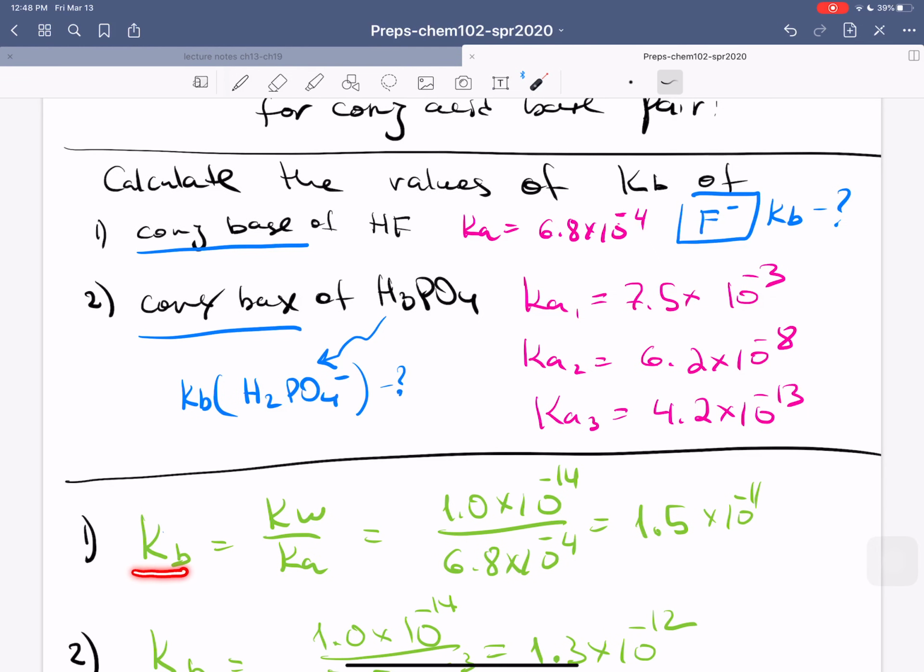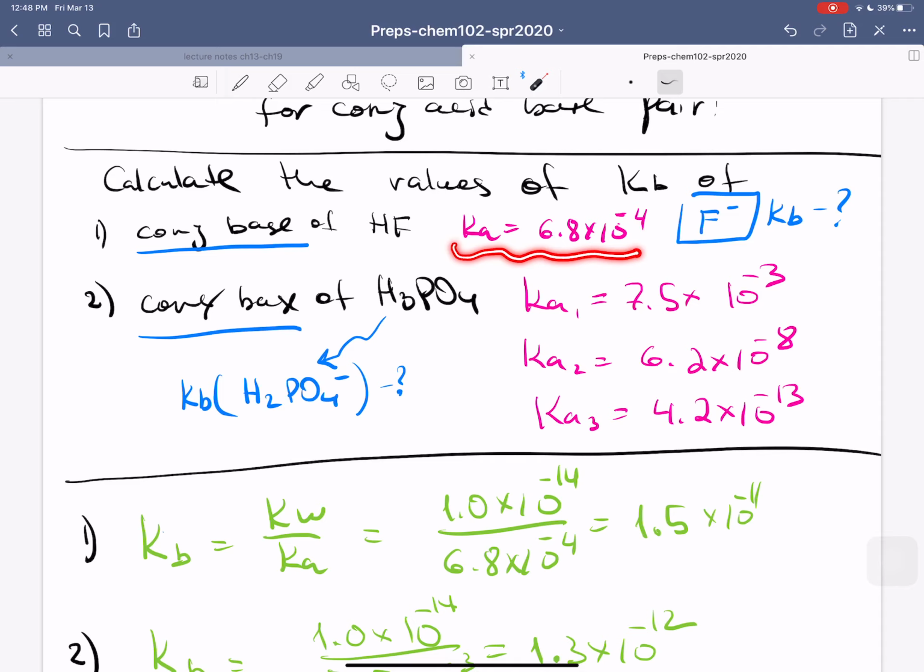So the value of the Kb will be 1.0 times 10 to the negative 14th divided by the value of the Ka of the hydrofluoric acid. And how do I know the value of the Ka? I looked at table 16.2 and in appendix D of the textbook.